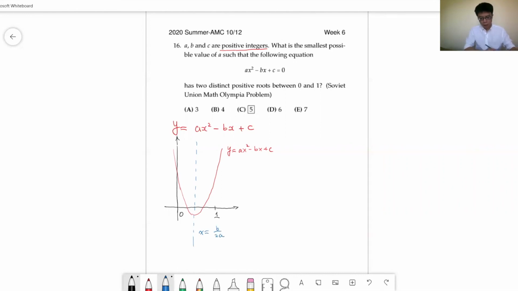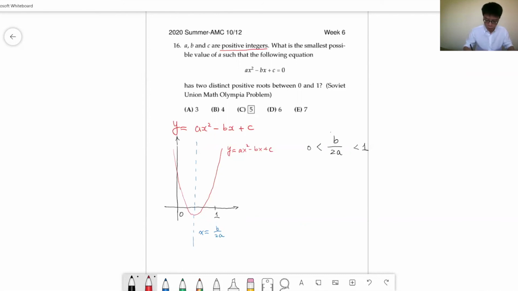Now let's see what kind of algebraic conditions should be satisfied to guarantee everything in the problem. First, the axis of symmetry must be between 0 and 1. b over 2a is larger than 0, and less than 1. Of course, it's larger than 0 because both are positive integers, but it's less than 1.